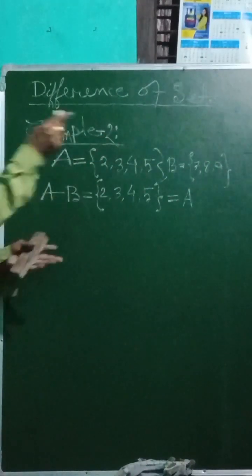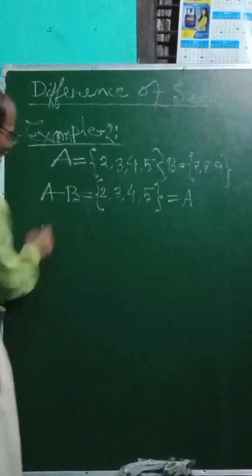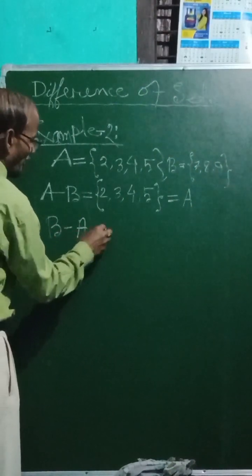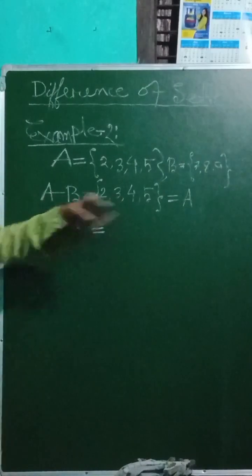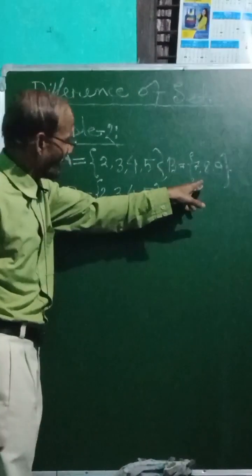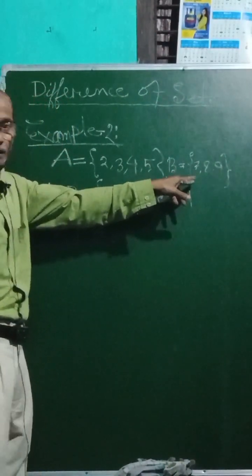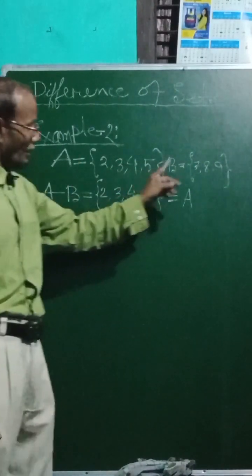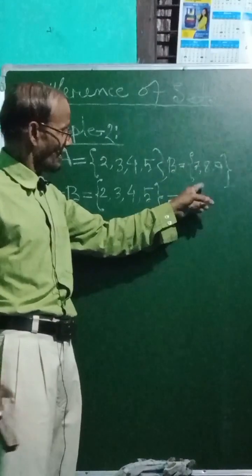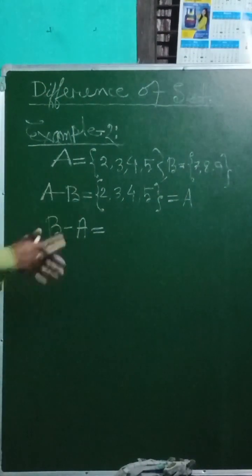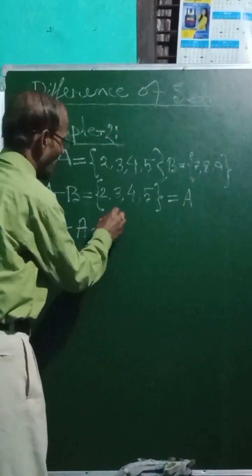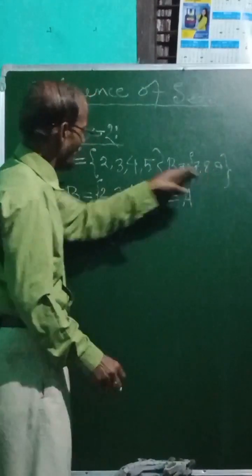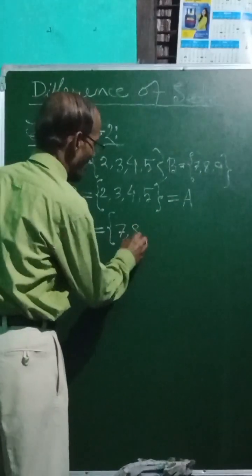Now come to the reverse, B minus A. First element 7, come here, no, 7 is not present. By definition the elements should exist in B but not in A, so I have got one element 7, and then 8 also not there.